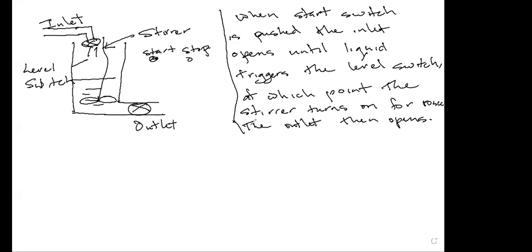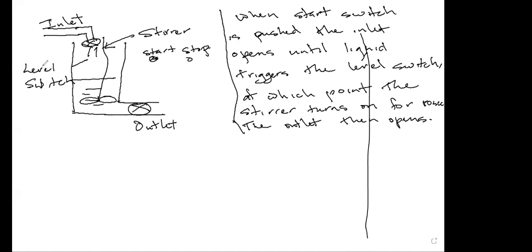All right, so press the start switch. The inlet opens, allows fluid to enter. When it reaches the level switch, the level switch triggers the motor to turn on for 10 seconds. It triggers the outlet, and the outlet opens to let it out.